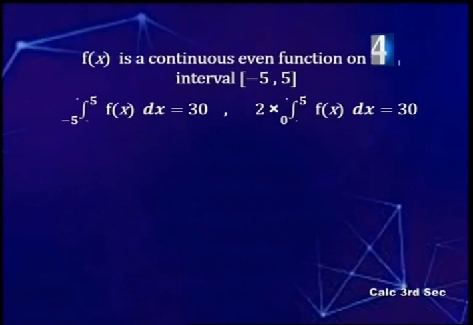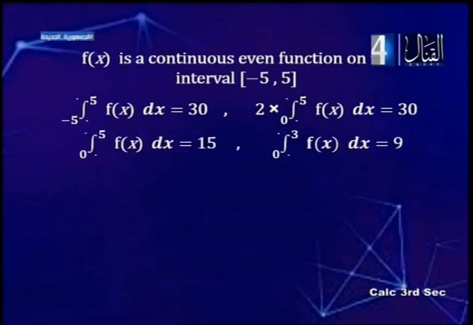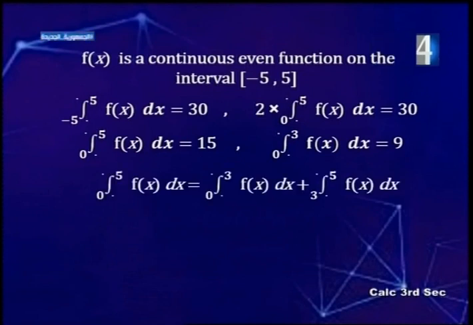And we have the integration of f of x dx from 0 to 3 equals 9. Then we can write the integration of f of x dx from 0 to 5 as a sum of two integrations: the first, f of x dx from 0 to 3, plus the second, f of x dx from 3 to 5.